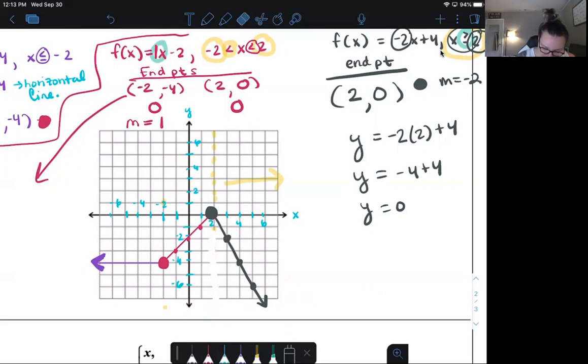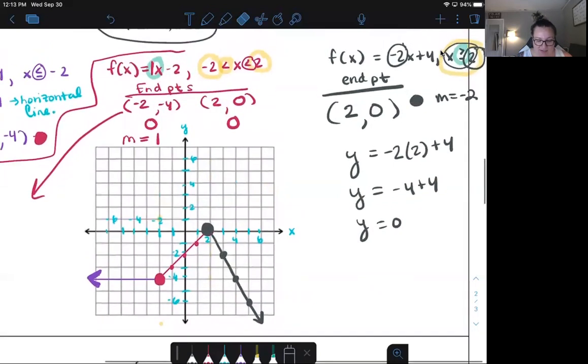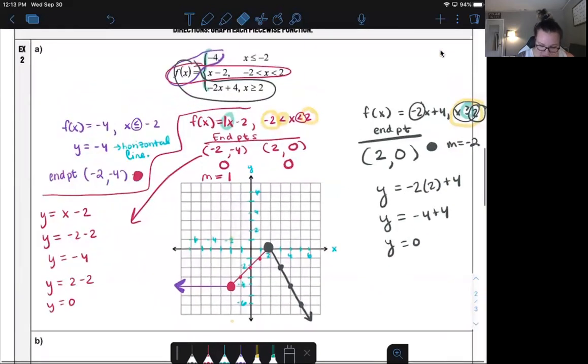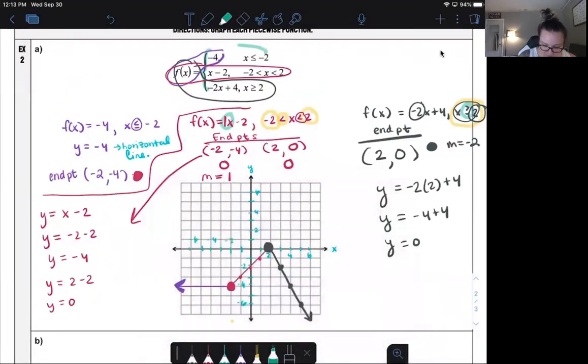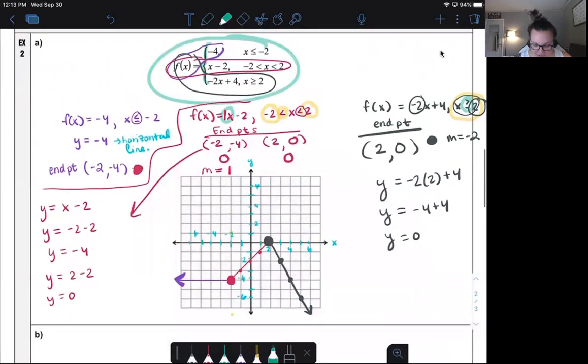Now I'm going to erase these yellow markings because I don't need them. And this is the graph of our piecewise function. And as you can see, it has 3 parts. So part 1, f of x equals -4 for x is less than or equal to -2 is right here. f of x equals x minus 2 for x is greater than -2 but less than 2 is this piece right here.